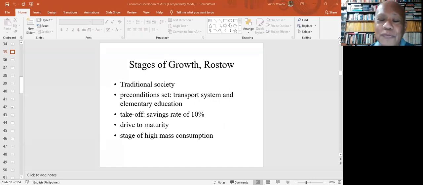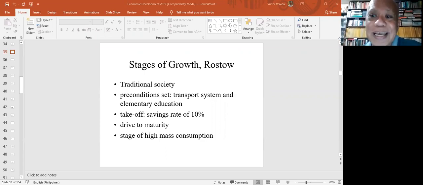And the takeoff, according to Rostow, occurs when the society is able to generate higher and higher incomes such that society is able to save up to 10% of the national income. Okay.